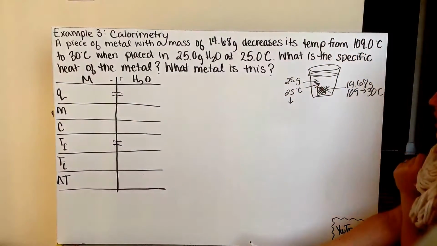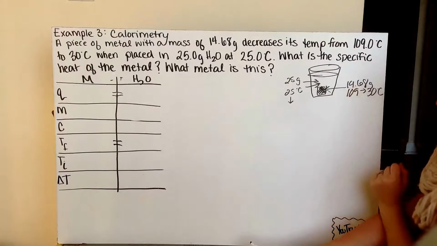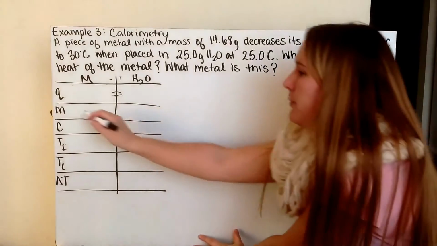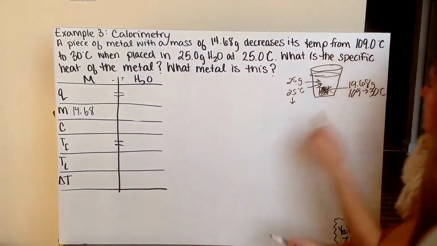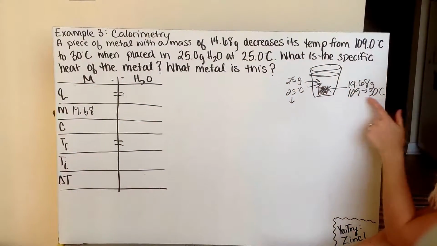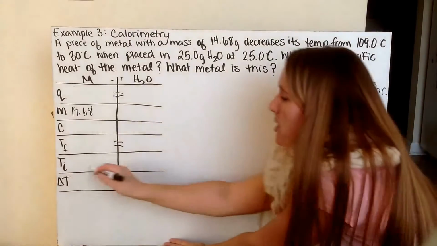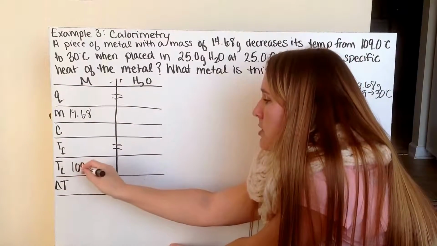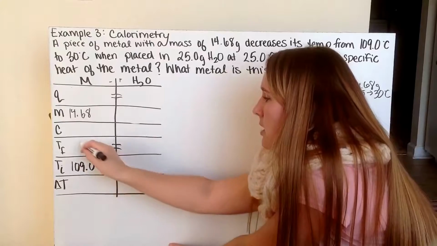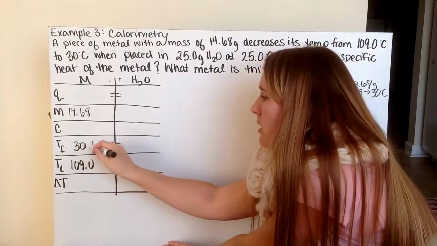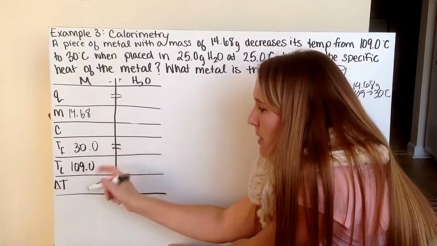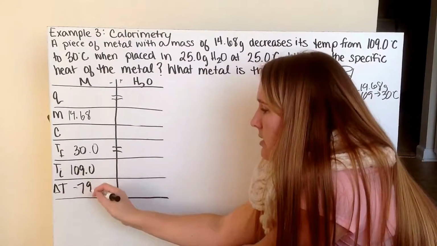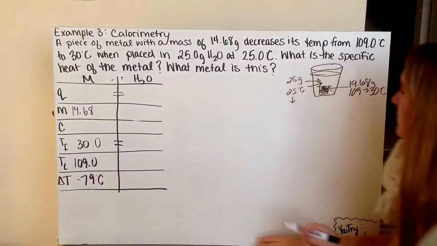From the picture I've drawn, I know that my metal has a mass of 14.68 grams. I know that it goes from 109 to 30 degrees Celsius. So its initial temperature is 109 degrees Celsius. It goes to 30 degrees Celsius, which I can then find change in temperature, final minus initial, so negative 79 degrees Celsius.